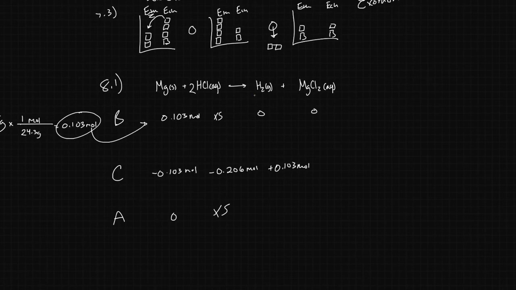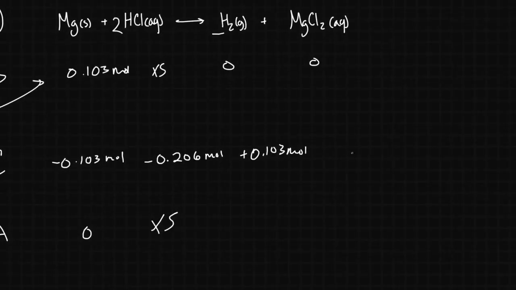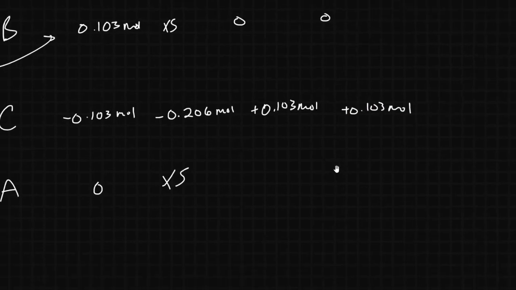And again, these two are the same, so these two have to be the same. So 0 plus 0.103. All right, so I think that's our entire BCA table, nice and filled out.